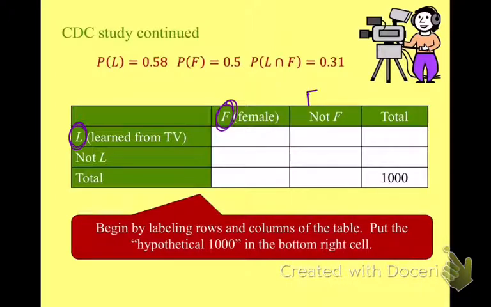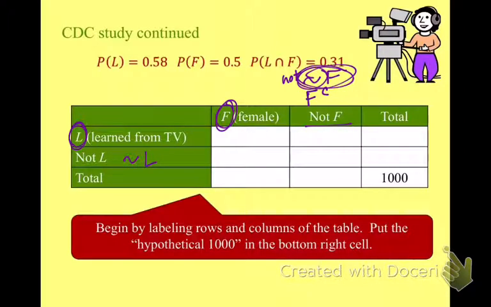You could write it as female complement, or not female, or like this, where this means not. I've seen it written 3 different ways. I usually do this right here, the not female. And then learn from TV, didn't learn from TV. Whoops, not F, should be L.